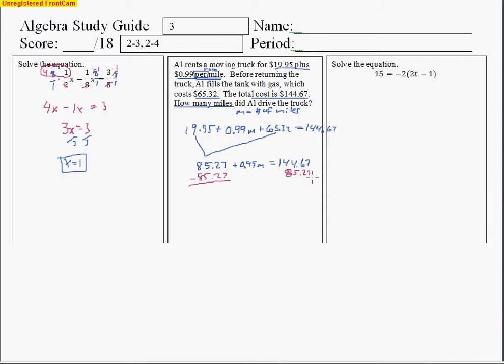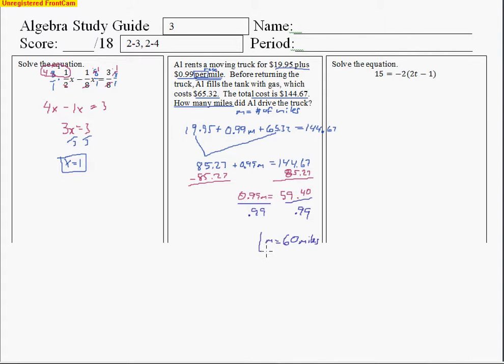When I do that, I get $59.40 equals 0.99m. So now I just divide by that 0.99, and that gives me my answer. It looks like I'm getting 60 miles. 99 hundredths goes in there evenly, and that's what I got.